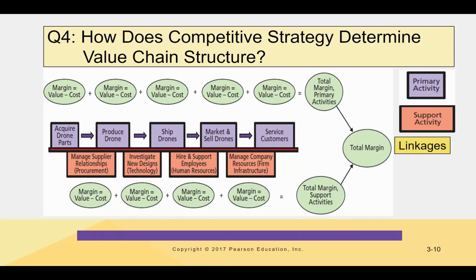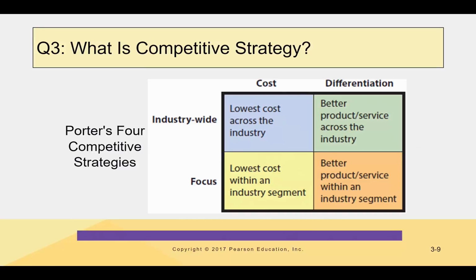Competitive strategy to determine value chain structure, our fourth question. It depends on what parts you need, how you want them in order to have this value chain structure find all the way through. If you look at this, let's look back just a minute.